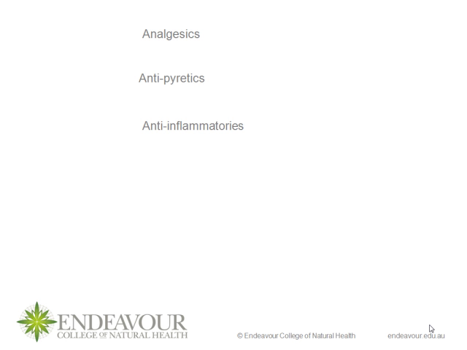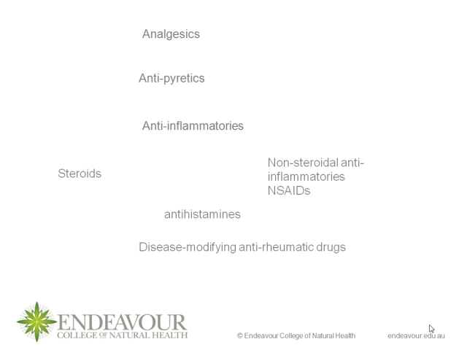And we'll also look at anti-inflammatories. Firstly, the non-steroidal anti-inflammatories, the NSAIDs, and of course the steroids. We'll look at some antihistamines, some disease-modifying anti-rheumatic drugs or DMARDs, and drugs used to treat gout.